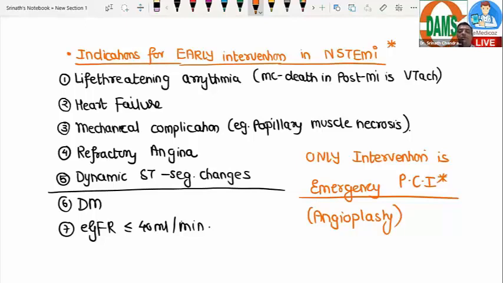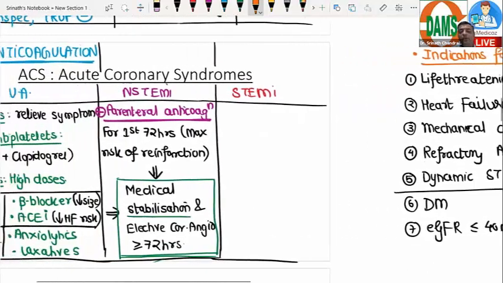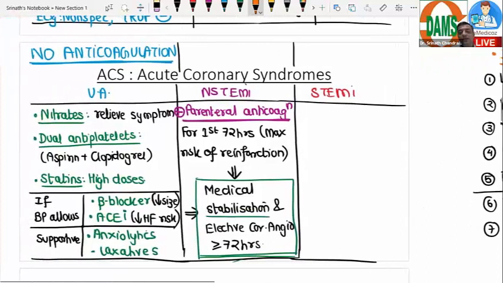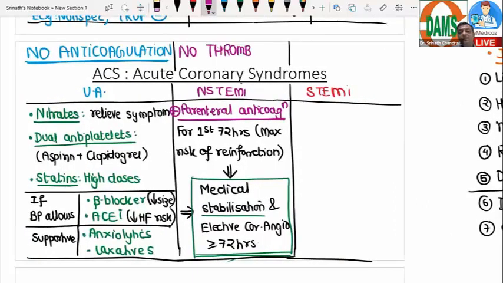Very good. So in the second column, what I want you to write is that there is no role of thrombolysis.